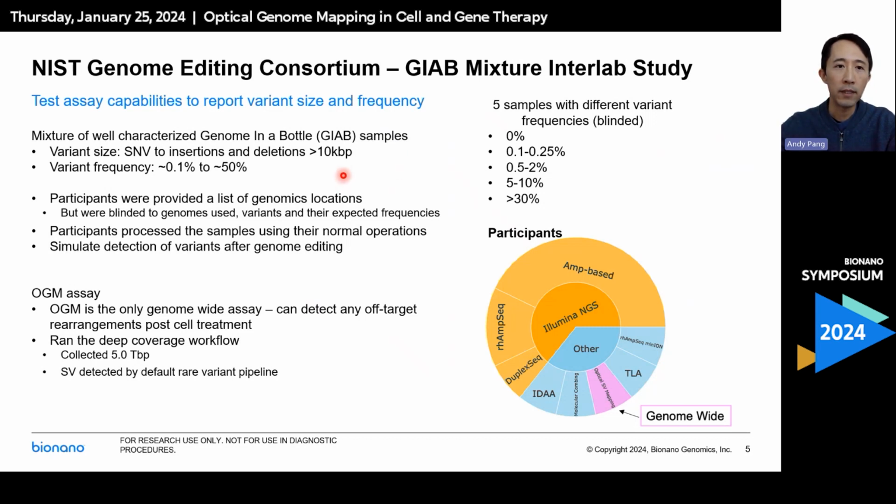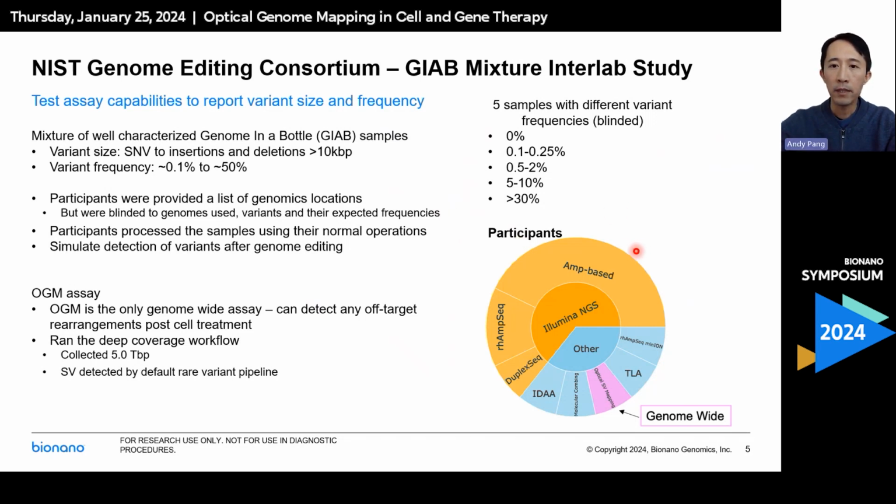And the variant frequency ranges from about 0.1% to 50%, as shown here on the right. So the participants were given a list of genomic locations, but we were not told which genomes were used, what the variants were, as well as what the expected frequencies were. So we were given 5 samples that were not labeled with the expected frequency. We were asked to process the samples using normal operation, and this is to simulate detecting variants after genome editing.